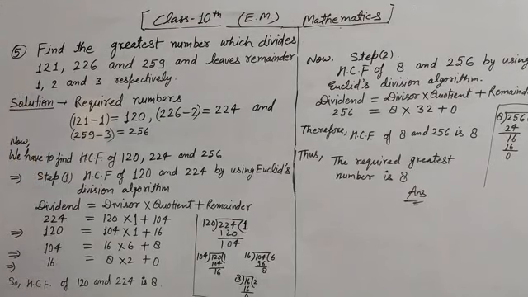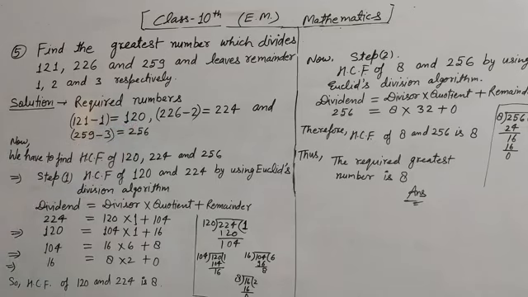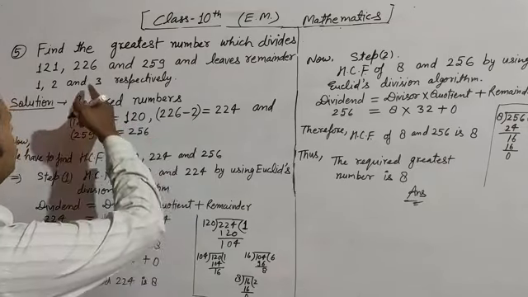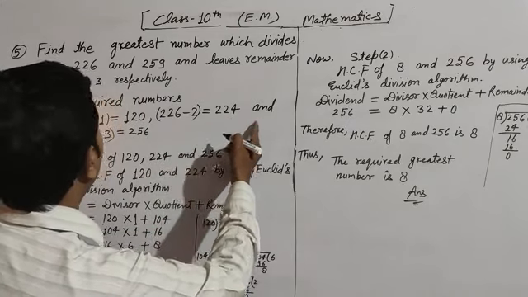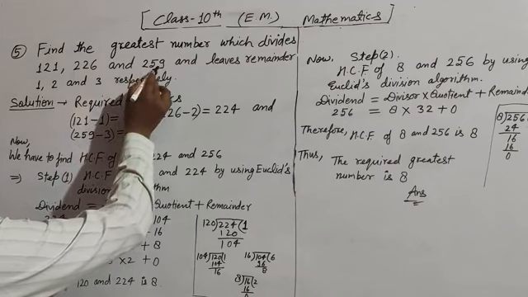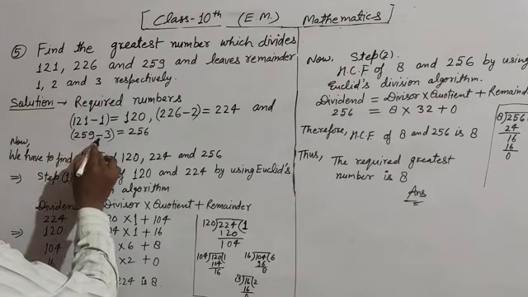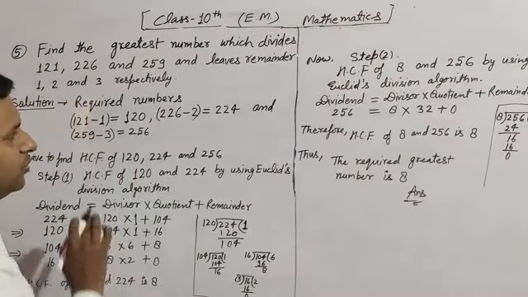So first of all, we subtract 121 minus 1 is equal to 120, that is the first number, and 226 minus 2 is the second number, means 224 we get here, and from 259 we subtract 3, so 259 minus 3 is equal to 256. It is our third number.